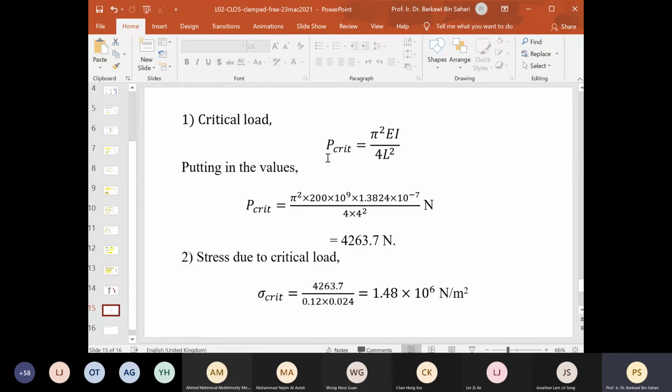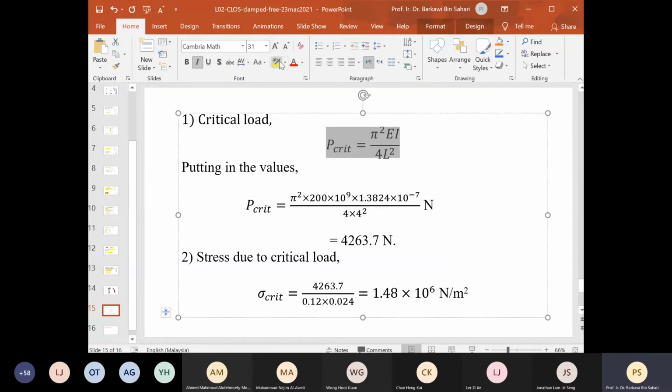So critical load is pi squared EI over 4L square. And we put in the values: pi square, E is 200 gigapascal, 200 times 10 to the power of 9, I is 1.3824 times 10 to the power of minus 7.